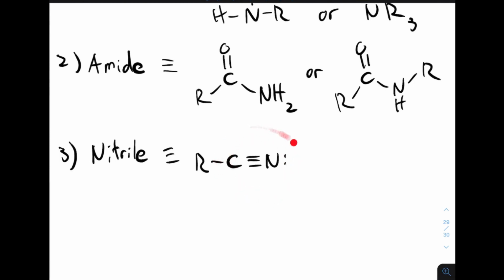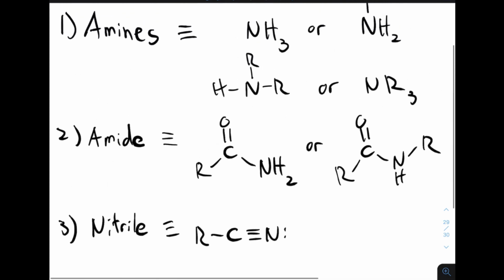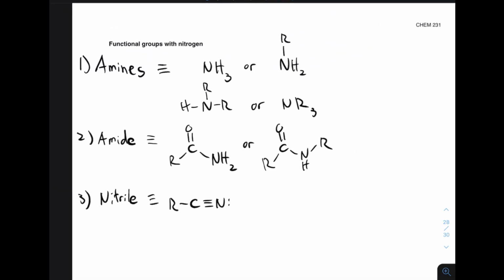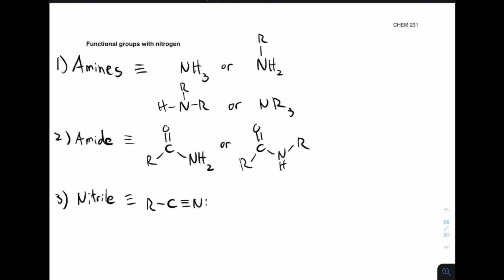You might also have heard it called a cyano group as well. So the nitrogen list is a lot shorter. This is basically it for nitrogens. And we can talk a little bit more about them in greater detail, but we'll do that in a different chapter. But it's just to get you guys initially familiarized with the different types of functional groups, and recognizing them when they appear, okay?